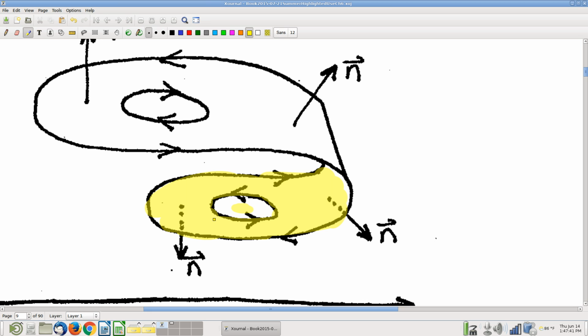Well, so that's a disconnected piece, and we have to be told what the orientation is on that piece of surface. And if the orientation on that piece of surface were like that, then thumb, swirl, etc. But there's no law that says it has to be, because it is disconnected.